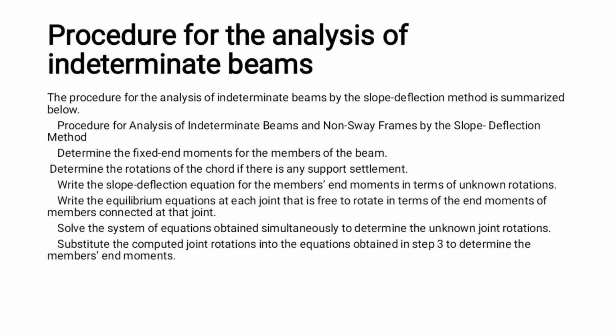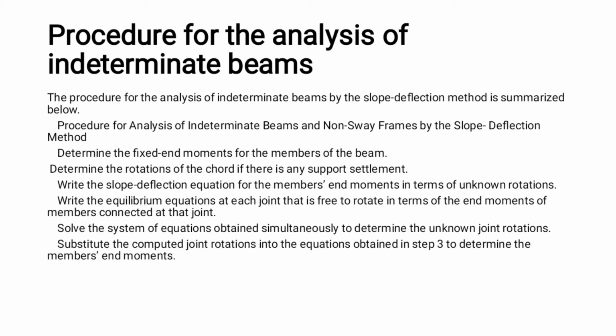Next, procedures for the analysis of indeterminate beams. Procedures for analysis of indeterminate beams and non-sway frames by the slope deflection method. Determine the fixed end moments for the members of the beam, and determine the rotations of the chord if there are any support settlements. Write the slope deflection equations for the members, each moment in terms of unknown rotations.